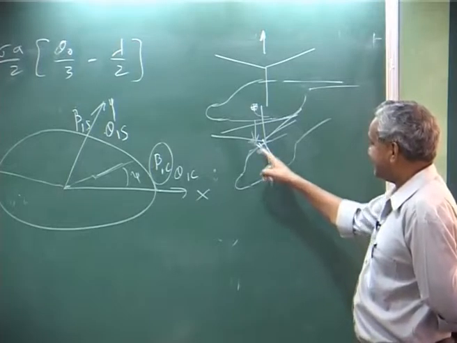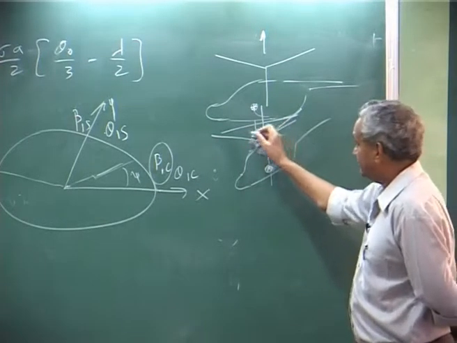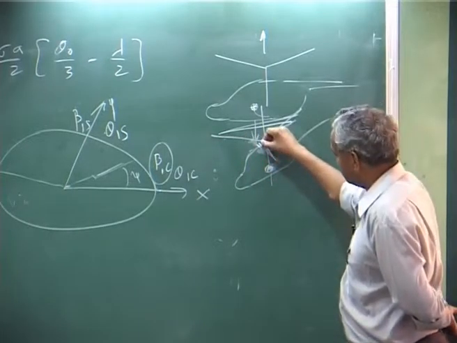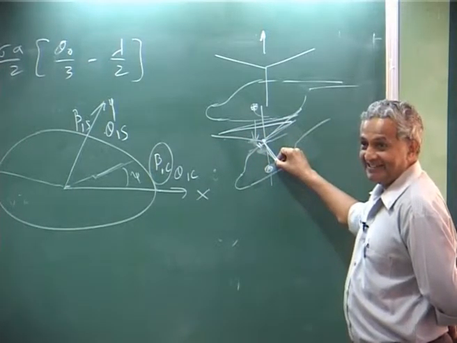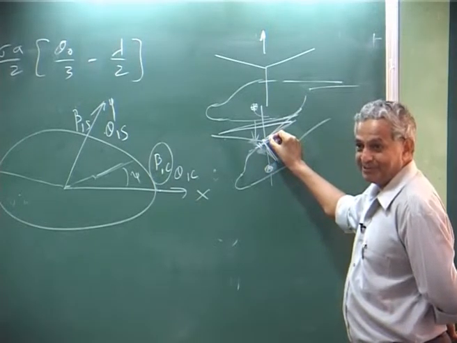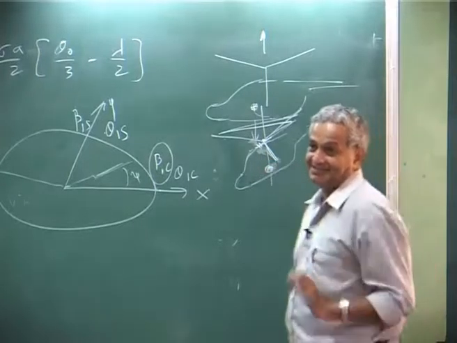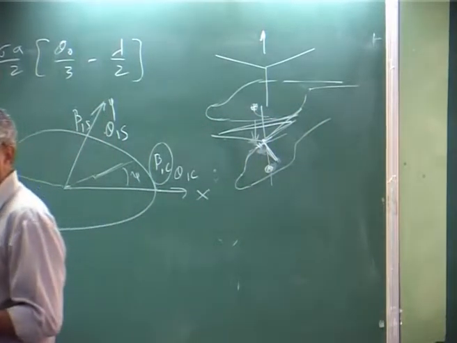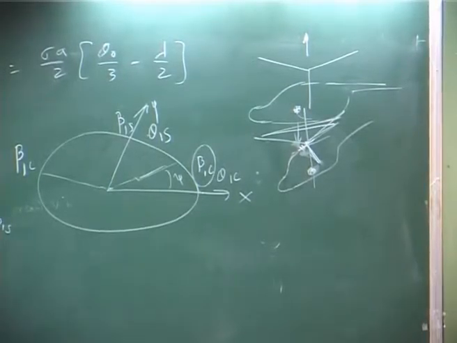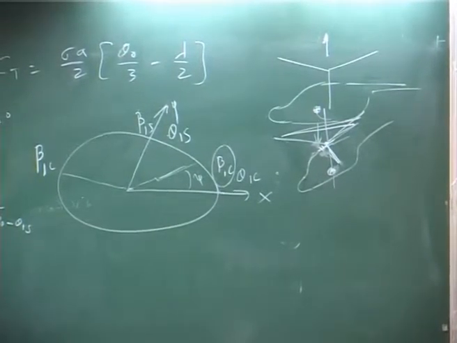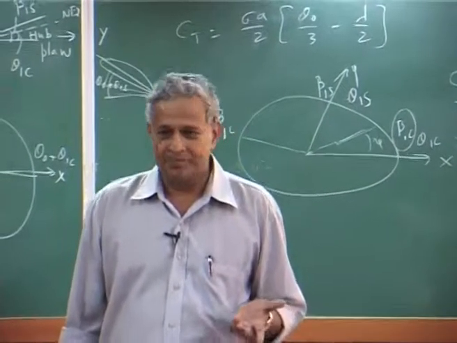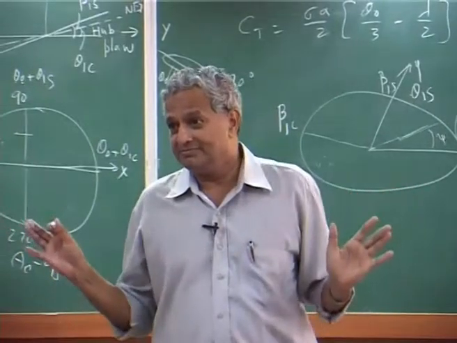Okay. CG is here, tip path plane is horizontal, shaft is tilted here. That means hub plane is like this, okay, which means I have to give a cyclic input depending on the CG location. Okay. That is what happens usually, because depending on the CG location he has to give a cyclic, very little. If it is right on shaft, no problem.